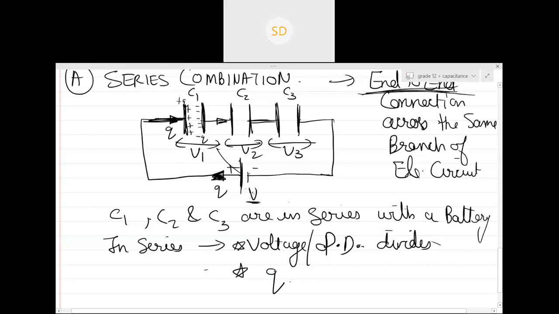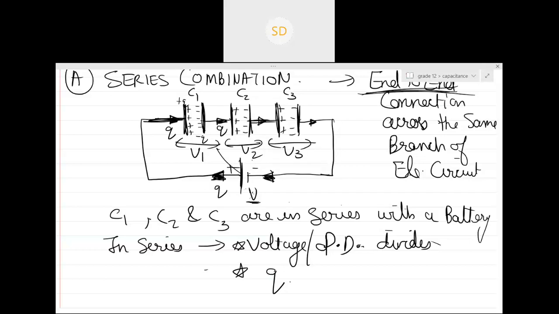Then after minus Q, again plus Q, minus Q, again plus Q, minus Q, and then this minus Q, the charge Q will return again back to the battery.